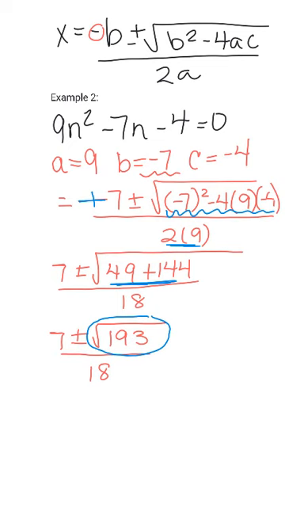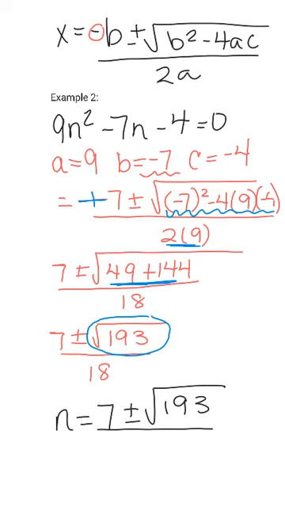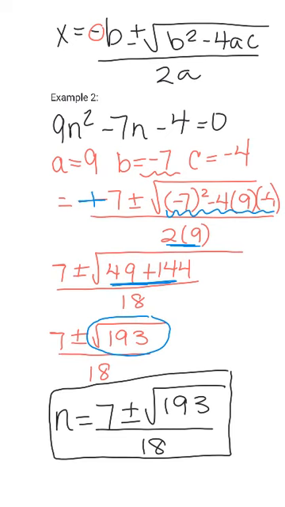So your answer, you could just leave it as n equals 7 plus or minus the square root of 193 all over 18. Or you can break it apart into 7 plus square root of 193 divided by 18 and 7 minus, like we did in the last problem. But this would be the exact answer. It is not rounded. Okay? So this is exact.